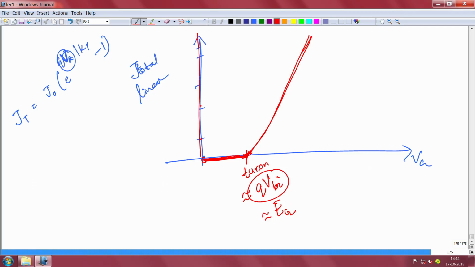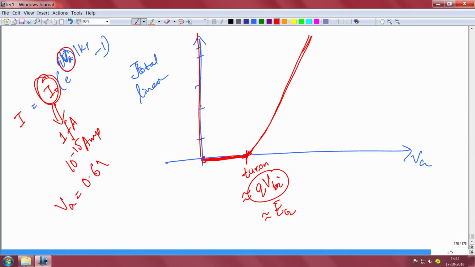So, for example, this is current density, but even if you take the absolute current, which is I, it will be I naught. Suppose the absolute current is 1 femtoamp, which is 10 to the minus 15 amp, and the applied voltage V_A is 0.6 volt.